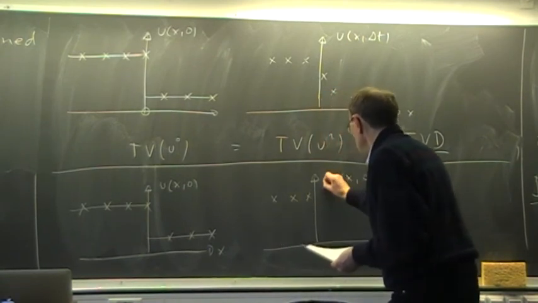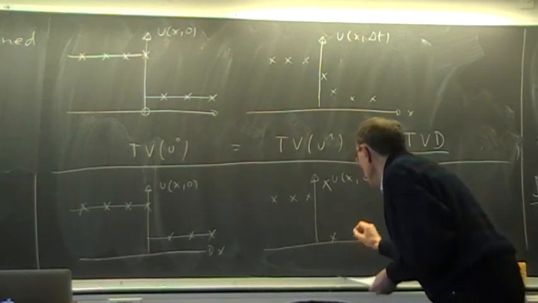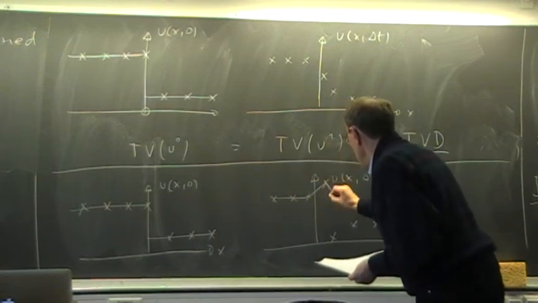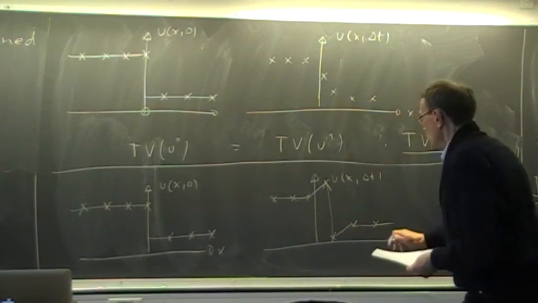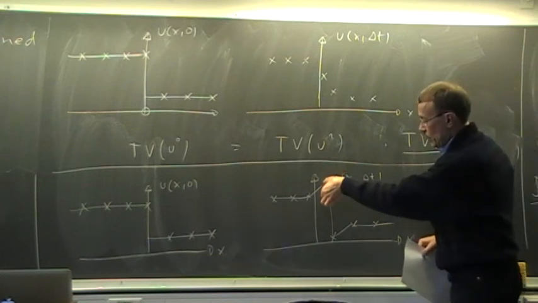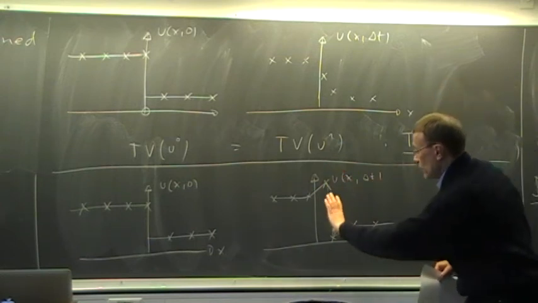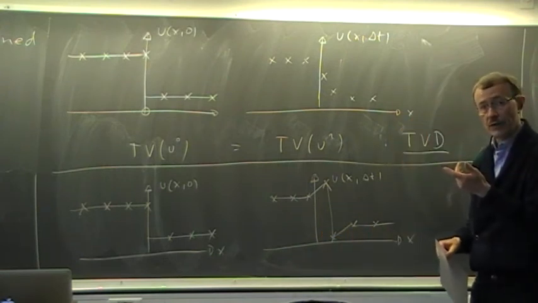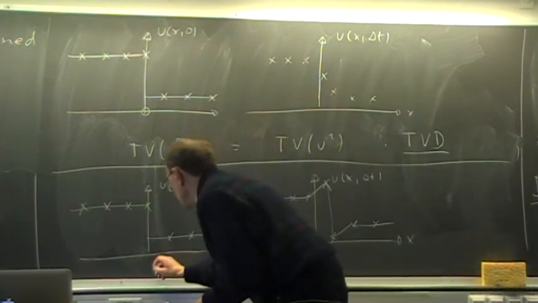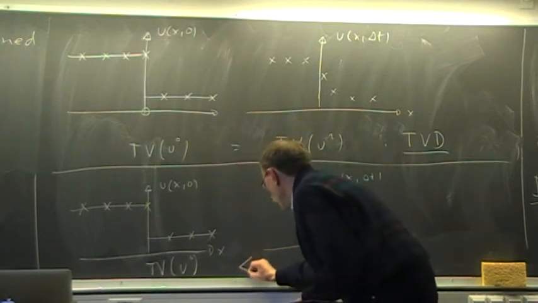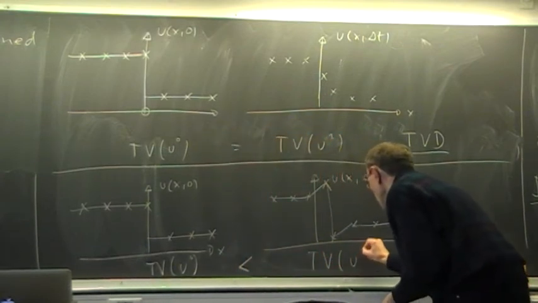We might get something here, we might get something here. And you see here, the total variation would increase. This change here would be above what we have had from the beginning, and also this undershoot here would add to the total variation. So here the total variation of u0 would be smaller than the total variation of u1.